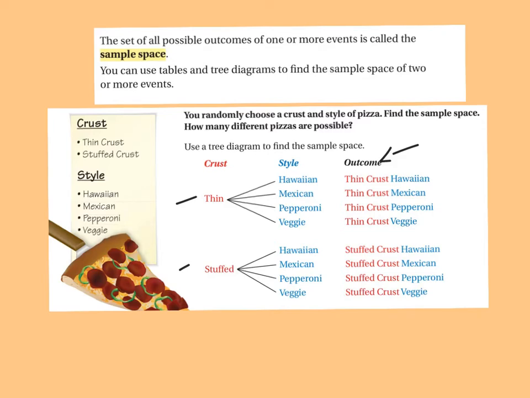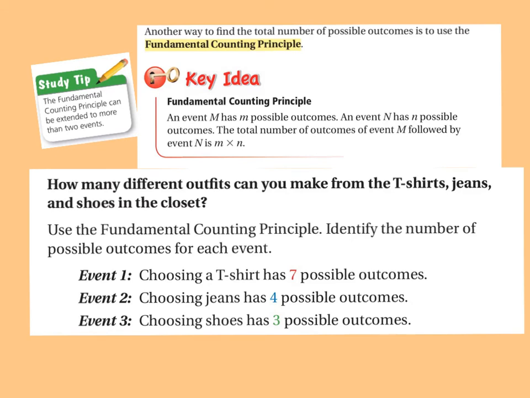that you can order. The other way that you can find the total number of possible outcomes, if you just need to know how many there are, is something called the fundamental counting principle. An event M has M possible outcomes, and an event N has N possible outcomes.